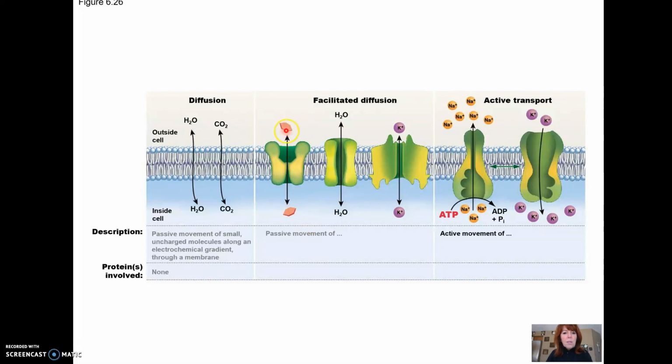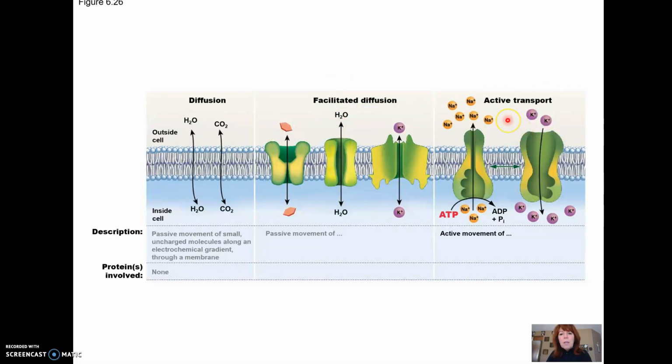So this is glucose, which would sit down here, and then the pore would open and the glucose would move inside the cell. Water moves through something called aquaporins because water doesn't always like to move through that membrane. And then here's a potassium ion that needs help to get through. That's called facilitated diffusion. No energy, but needs help.